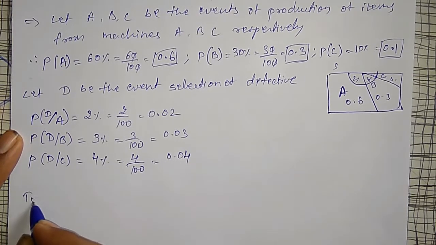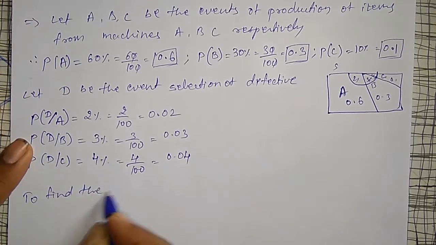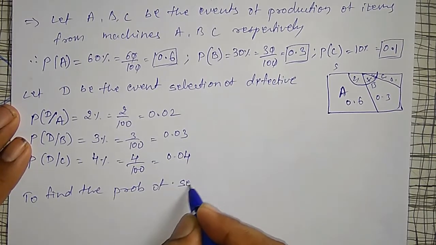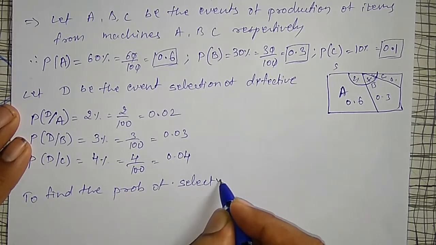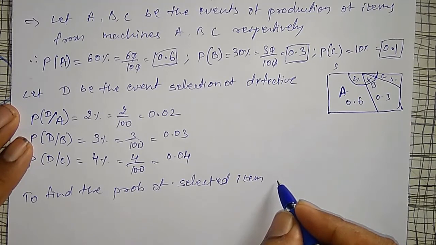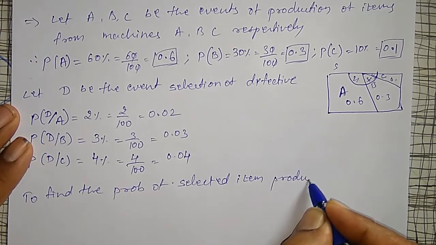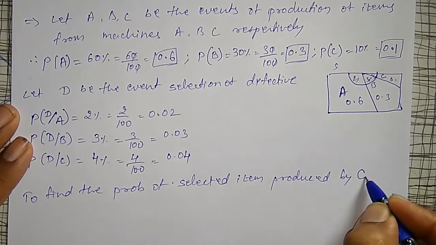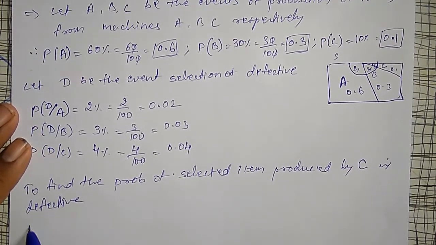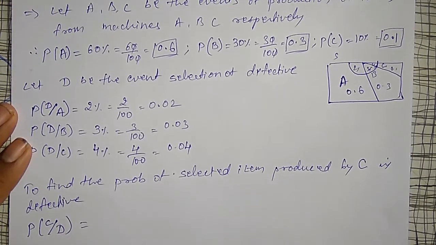To find the probability that the selected defective item was produced by C, that is the reverse of the conditional probability. This one I have to find out.